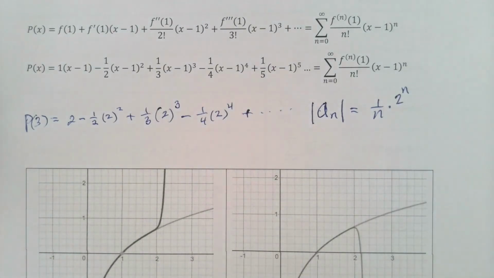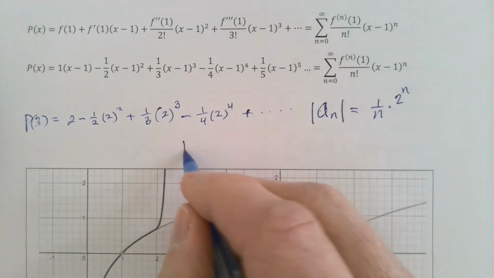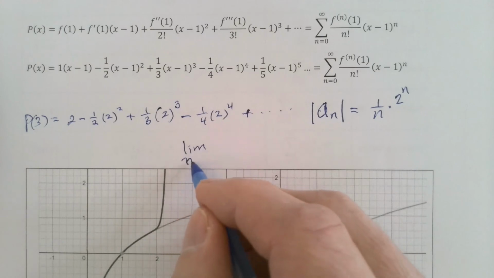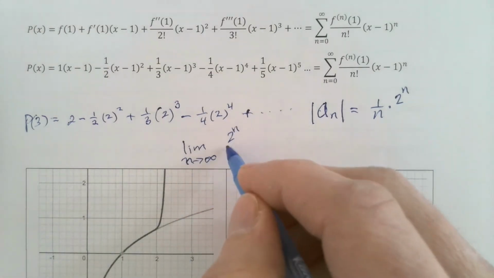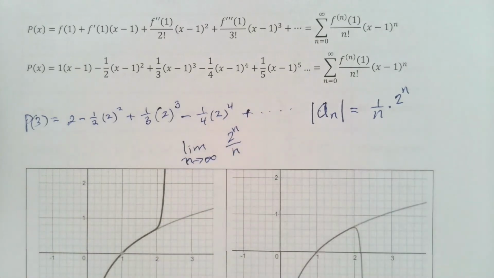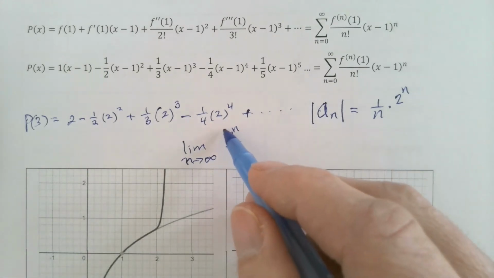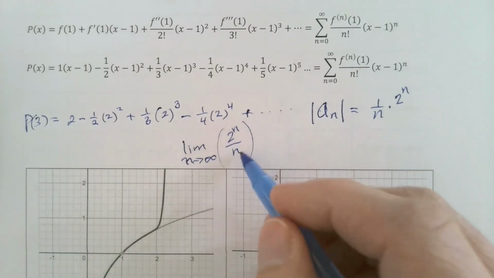And if you apply the divergence test to this and take the nth term as n goes to infinity, you'd have the limit as n goes to infinity of 2 to the n over n. And then you can use an order of magnitude argument to show that this goes to infinity. Or if you don't know that argument, apply L'Hopital's rule, because this is an infinity over infinity form.